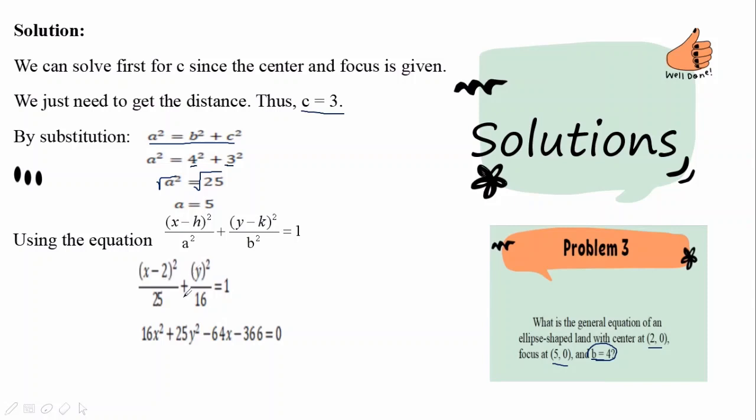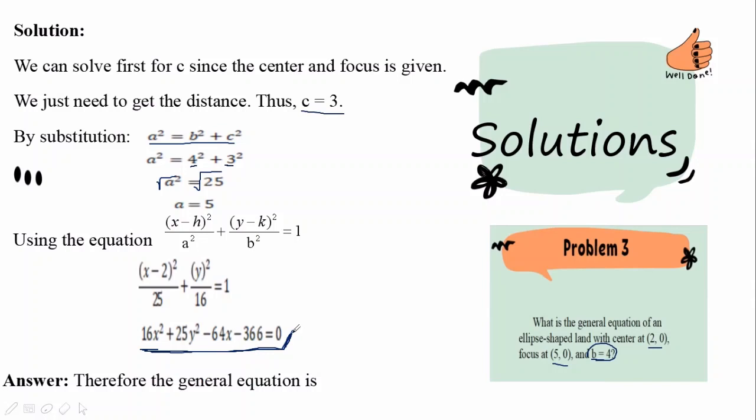Then we will substitute also the values of a squared and b squared. Then we will equate this to 0. So you can solve this on your notebook or paper, then let's see if it has the same answer as this one. If you get the answer, then therefore you're correct.